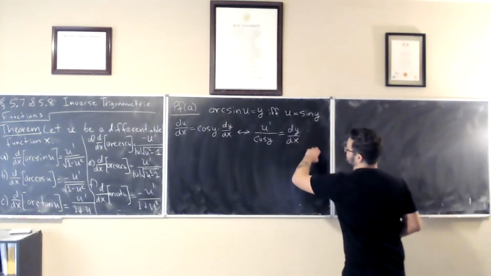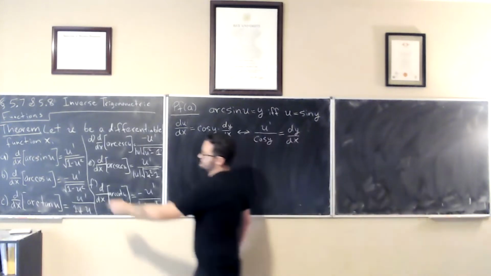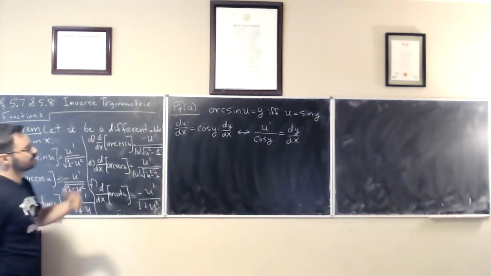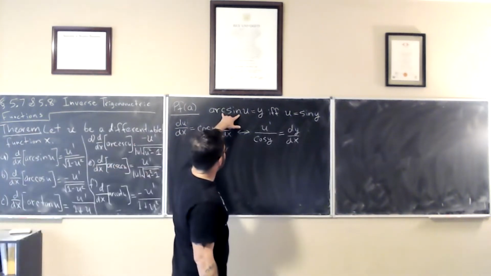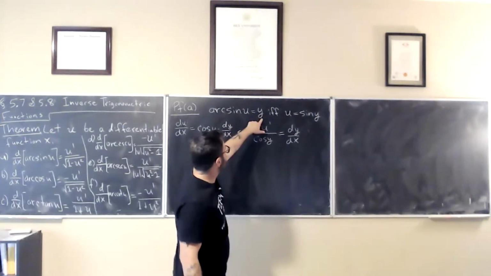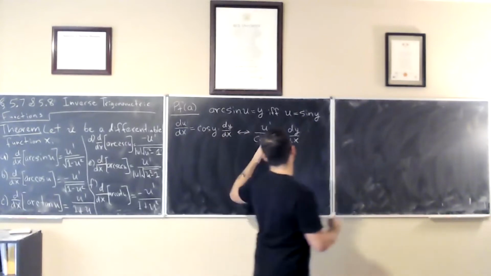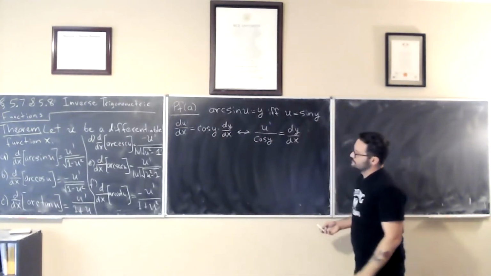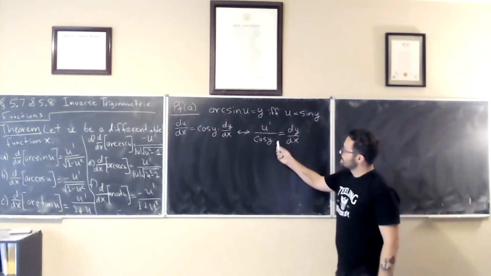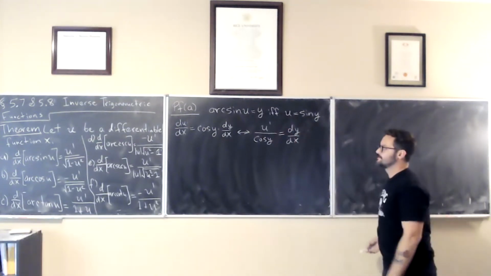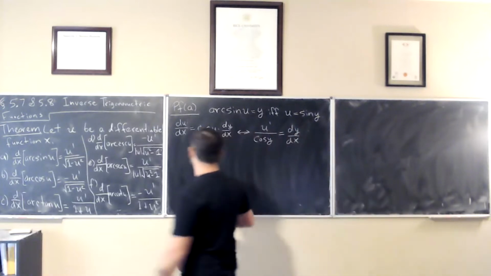I'm trying to show that this formula holds. Well, if this is equal to y, the derivative of y is right here. So we found it. However, this is still an implicit form, and I need to write everything in terms of u on this side. So how can I do that?